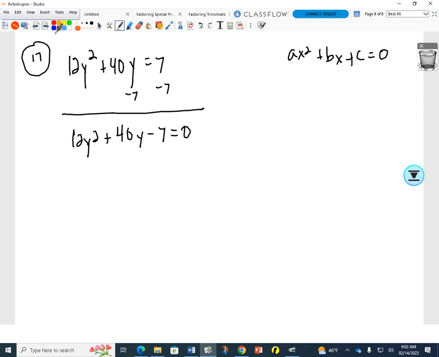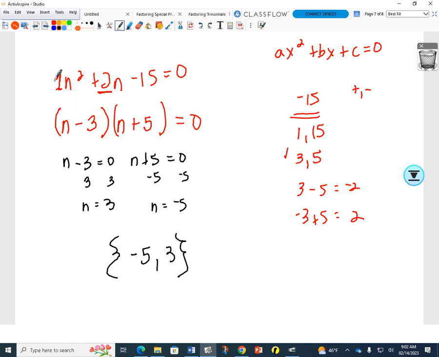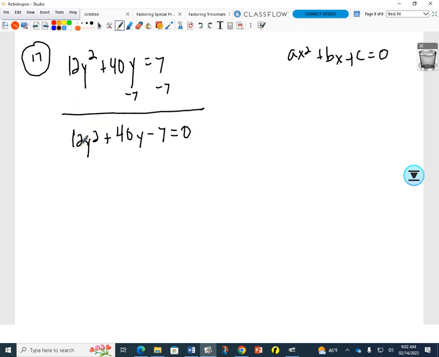This equation does not look like the last equation. What's the difference between this equation and the last equation? Anybody see anything of importance? Yeah, so here a was 1, but here a is not 1, right? So a is 12, and we're going to need these anyway. b is 40, and c is negative 7.